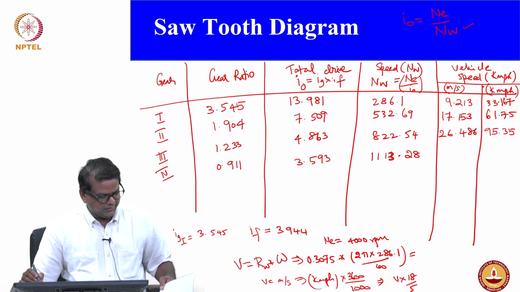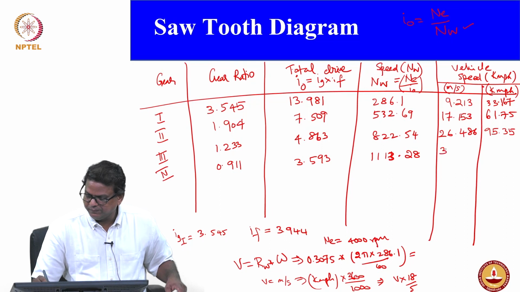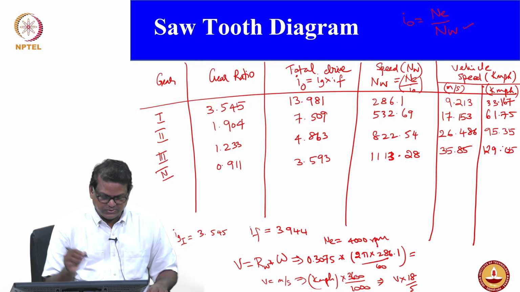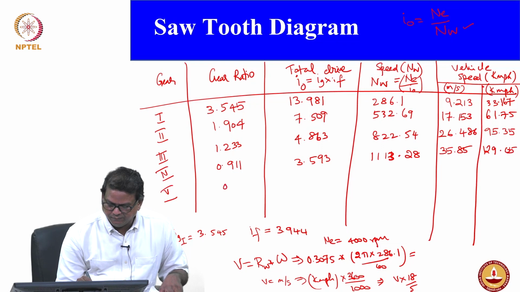Then the speed would be 35.85. The corresponding vehicle speed 129 kilometer, 129.05. Then the highest gear, fifth gear, it is 0.725.